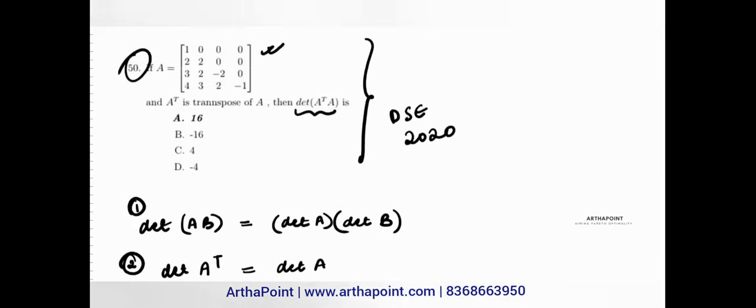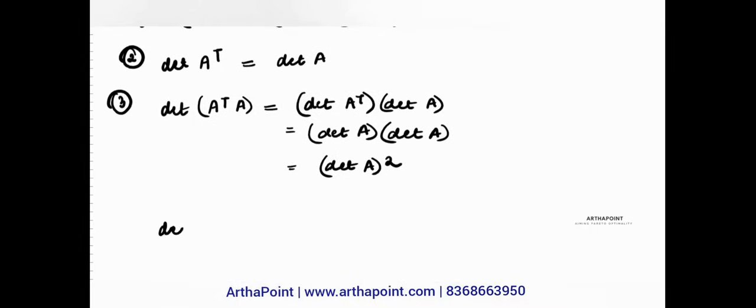Now, in any lower triangular matrix, the determinant of the matrix is given by the multiplication of the diagonal elements. So what are your diagonal elements? 1, 2, minus 2, minus 1.